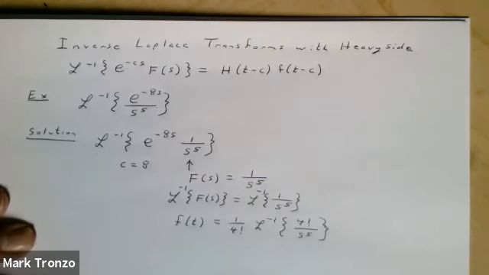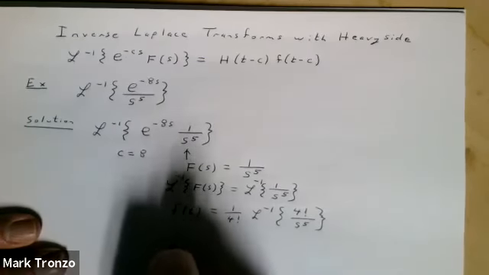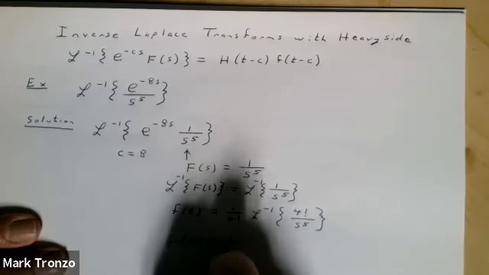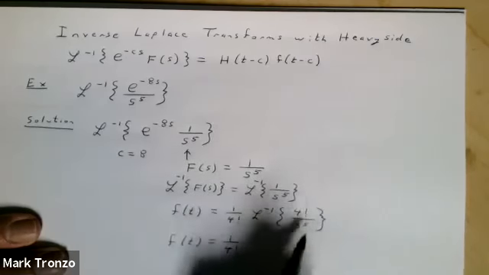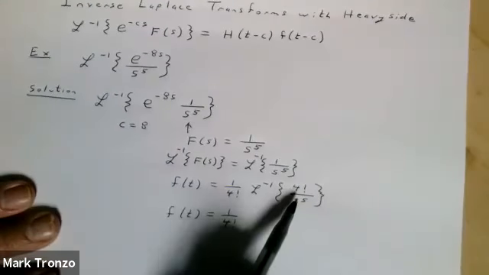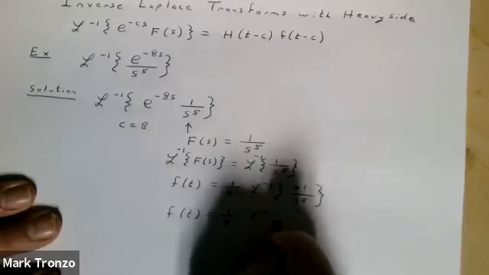So then we can use the table to say that f of t is going to be 1 over 4 factorial, and the inverse Laplace transform of this is going to be simply t to the fourth.